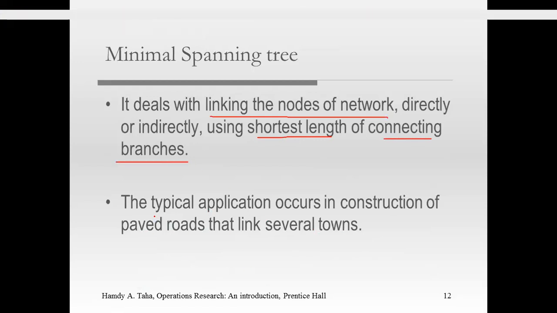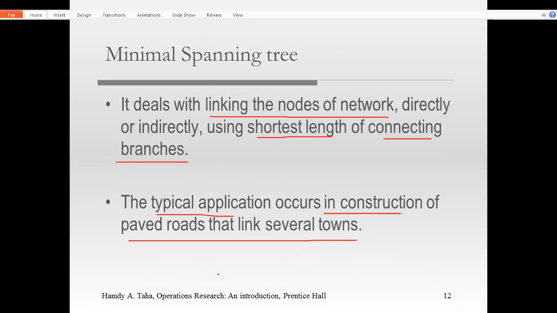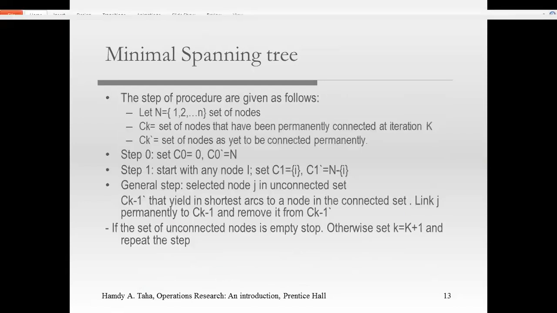The typical application is like construction of paved road that links several towns, or installing cable to connect several houses. Okay, so the procedure or the algorithm for minimal spanning tree is like this.